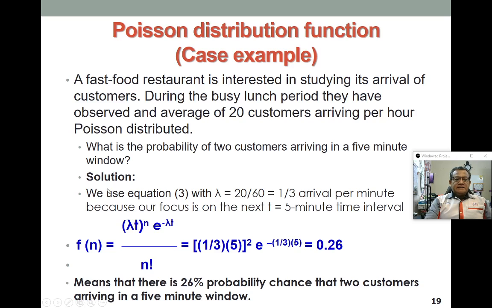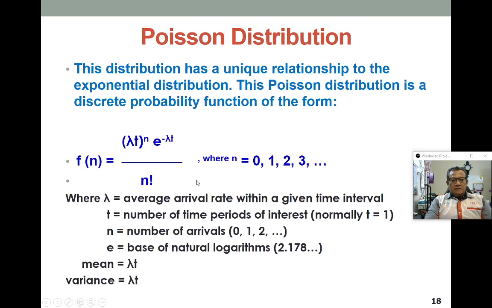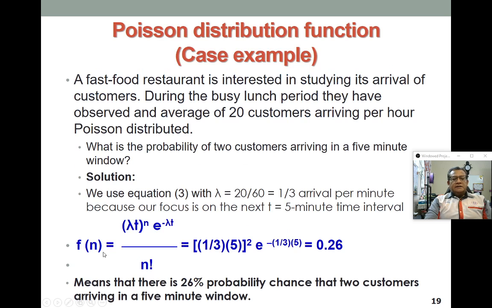So how to calculate this? Solution says that we use equation number 3, which is this formula shown earlier. So f of n, where n is the number of arrivals, equals lambda multiplied by t to the power of n, times e to the power of negative lambda multiplied by t, divided by n factorial.